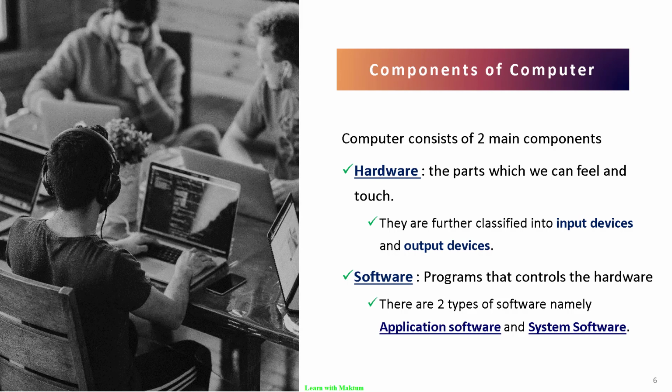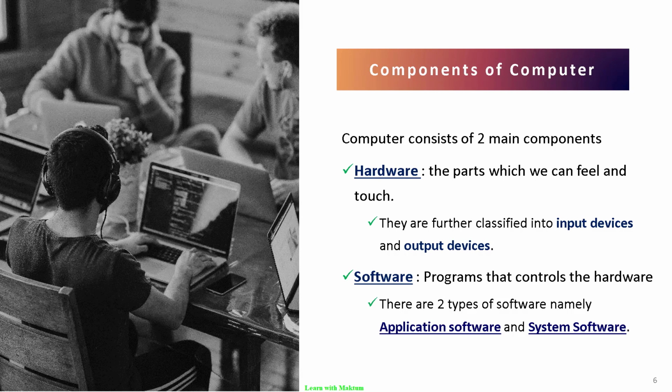These hardware devices are further classified into input devices and output devices. We are going to discuss these devices in later videos. For the time being, don't worry about them. But remember that hardware is nothing but the parts which we can feel and touch, and they are classified into input devices and output devices.